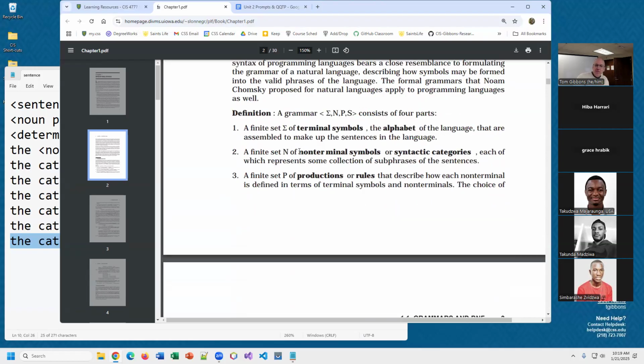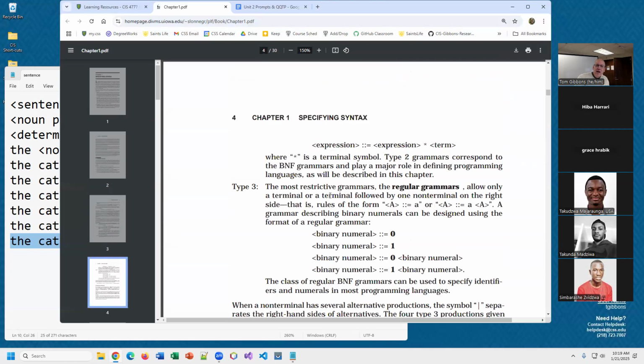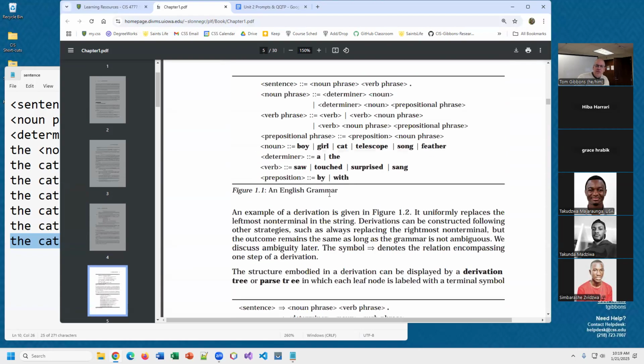The other thing you have is non-terminal symbols, or syntactic categories. You have another set, and they're calling that N. We're not going to worry about which letters they use to represent this stuff. Those are all of our examples, and we put them in angle brackets, like sentence, noun phrase, verb phrase.